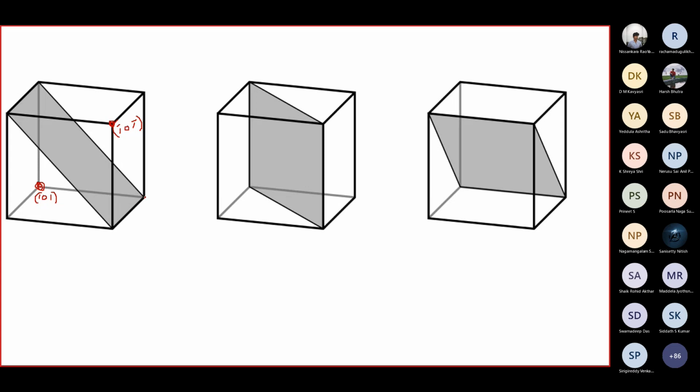Suppose I take this axis. I'll write this as X, this as Y, and this as Z. What is the HKL value for this particular origin now? Does it intercept the x-axis? Check carefully.